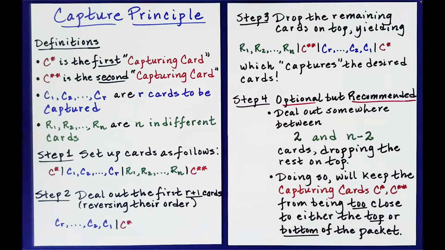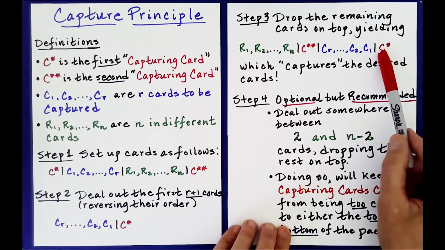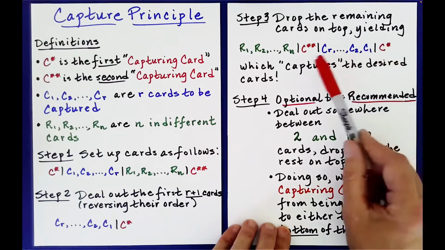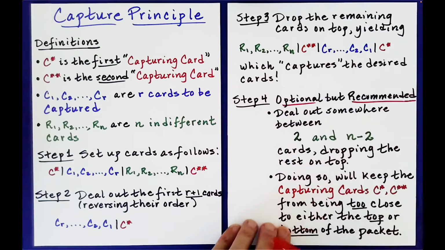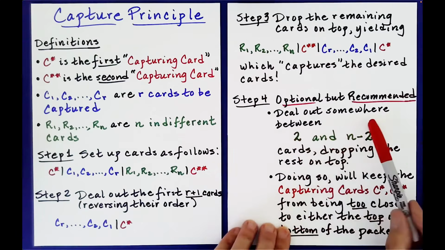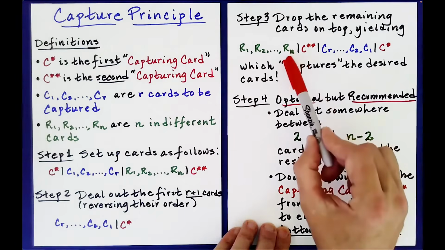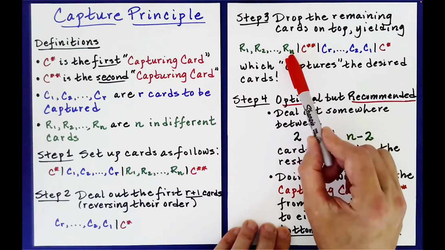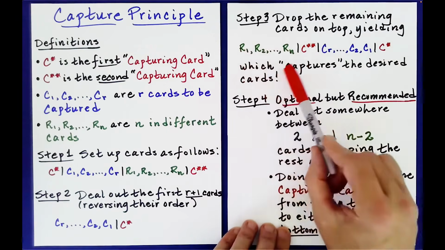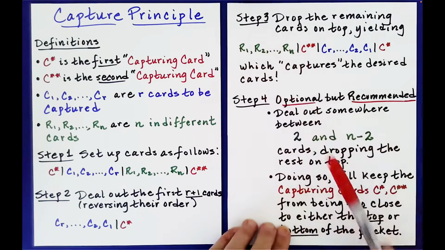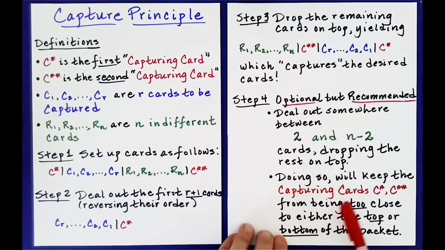What I did, and what I recommend that you do, is it's nice to not have the capturing cards at either the top or the bottom. So dealing out somewhere between, say, 2 and n minus 2, that just means 2 fewer than all of these indifferent cards, will guarantee that the capturing cards won't be on either extreme of the packet.